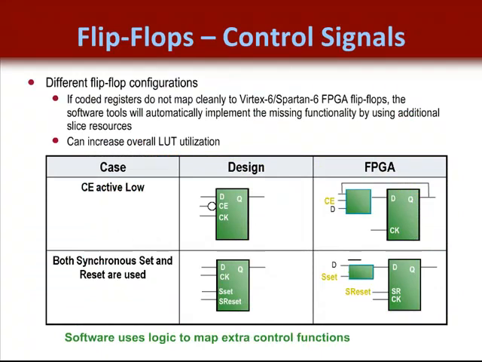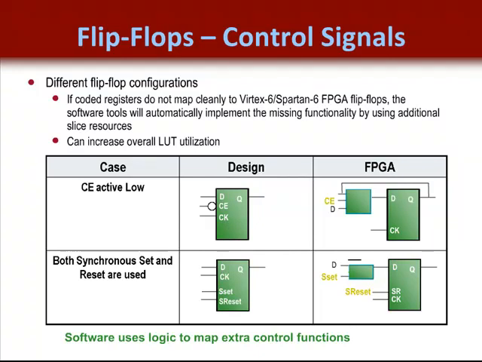In this example, we see a clock enable is built with an active low control signal. This forces the synthesis tool to map this to a LUT input, as we can see from that on the right, and uses 2 LUT inputs in this case because the flip-flop cannot invert the clock enable signal.